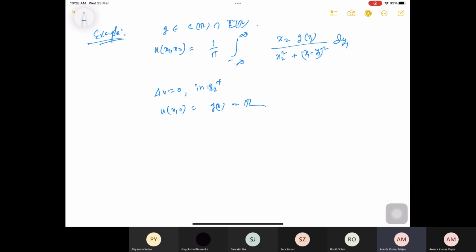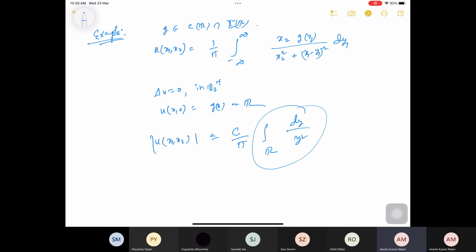I can think of mod u of (x1, x2) as less than or equal to, since g is bounded, some constant by pi times the integral over R of x2 over x2 squared plus (x1 minus y1) squared, where x2 is positive. This is less than or equal to 1 over (x1 minus y1) squared, and then if you change the variable, what I have is dy by some y squared, and this integral is finite.